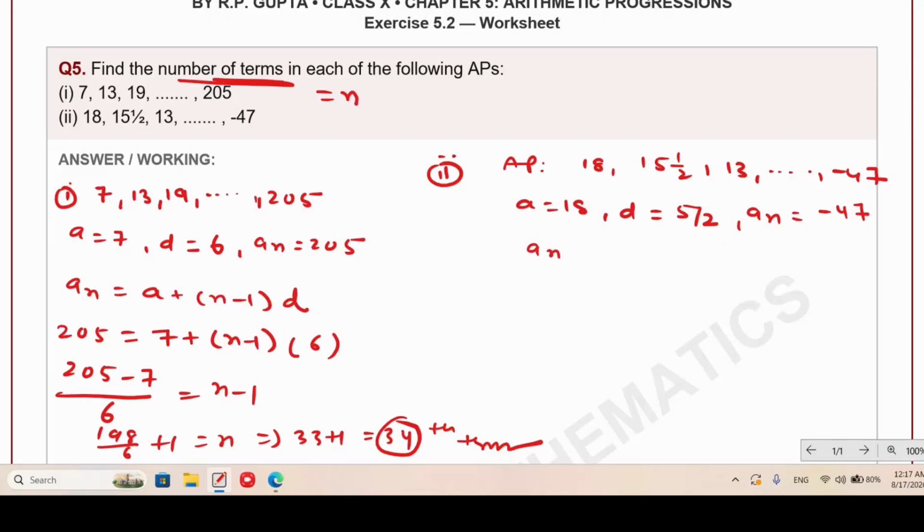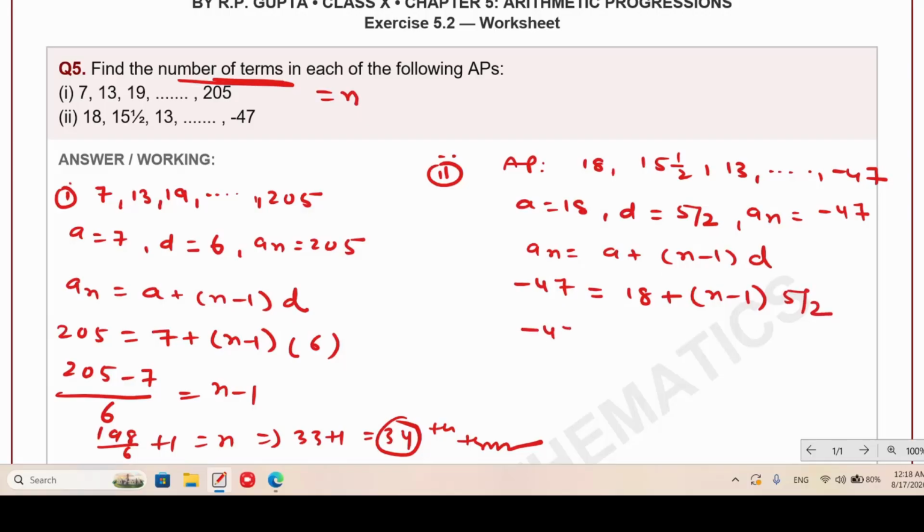So an is equal to a plus n minus 1 into d. An is negative 47 equals a, which is 18, plus n minus 1 into d. D is 5 by 2.